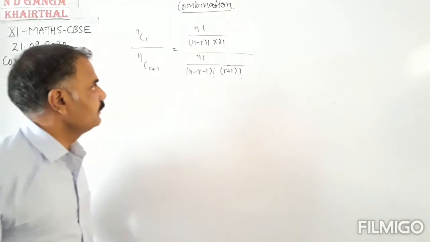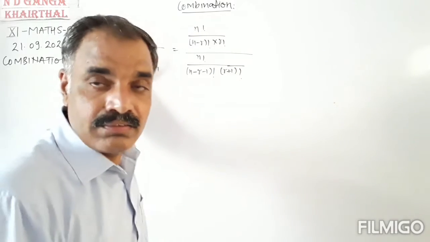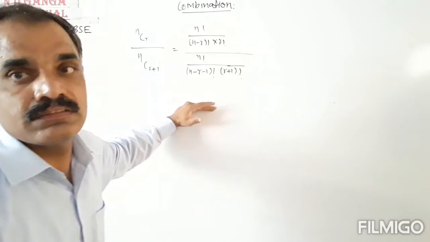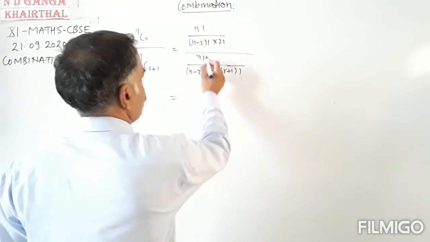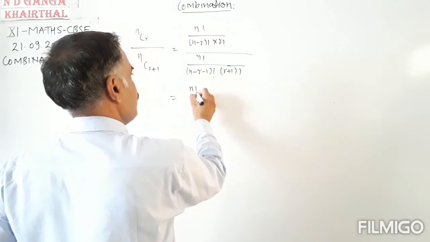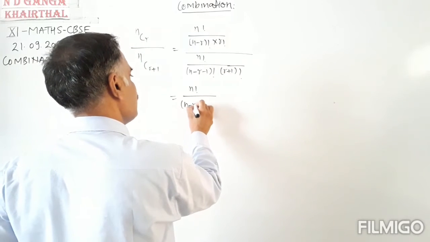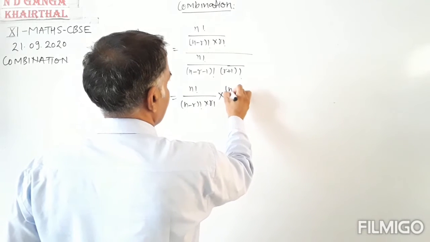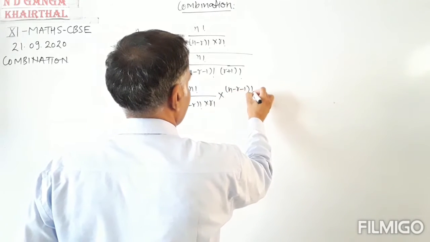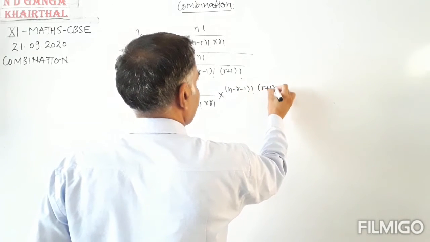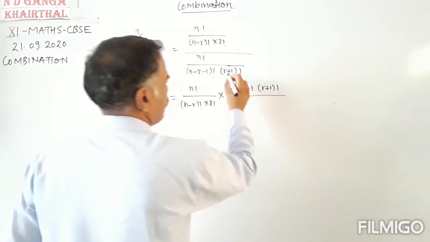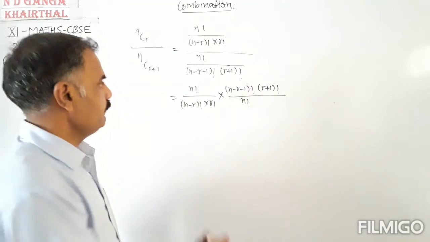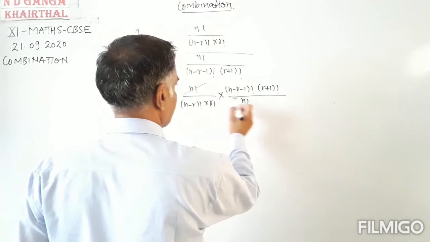After expanding nCr and nCr plus 1, we have this. Now this equals factorial n upon n minus r factorial into r factorial, multiplied by n minus r minus 1 factorial into r plus 1 factorial, divided by factorial n. Now n factorial will cancel n factorial.